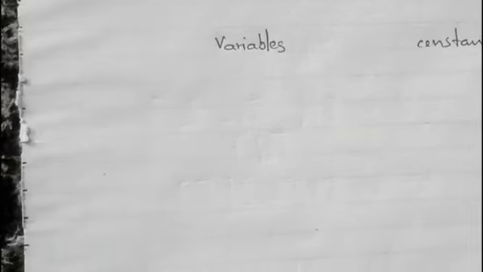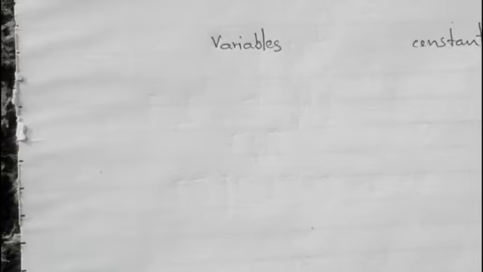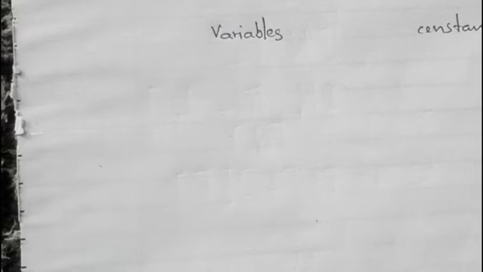It means that in order to understand the behavior of any object, variables are very important, and among different types of physical relations we get some constants.